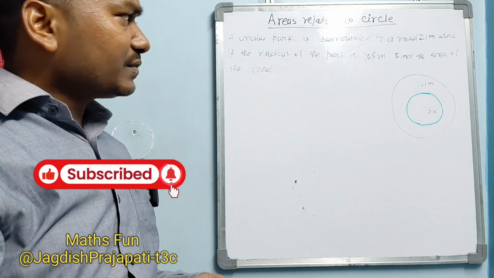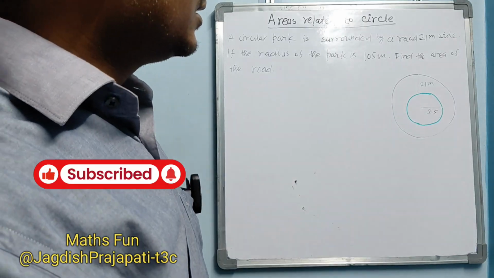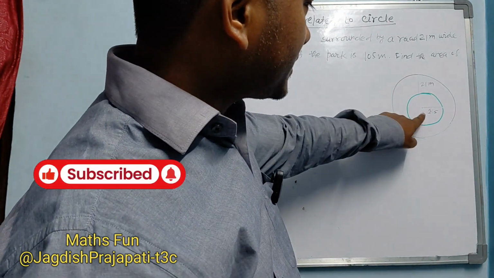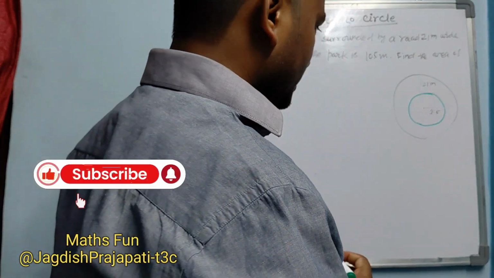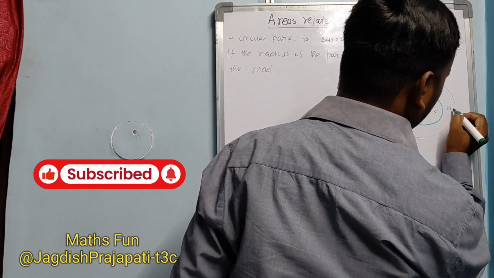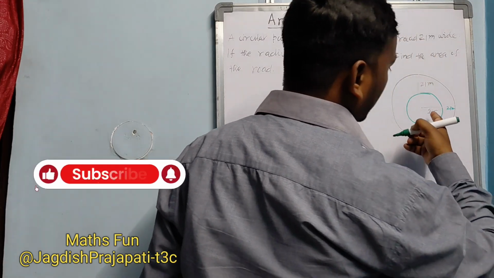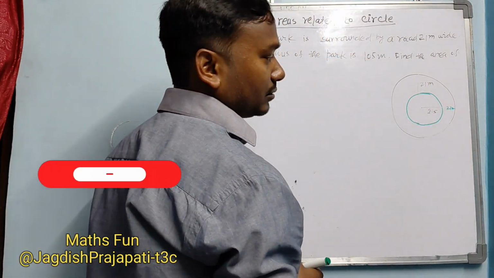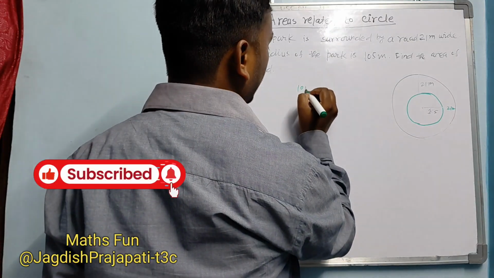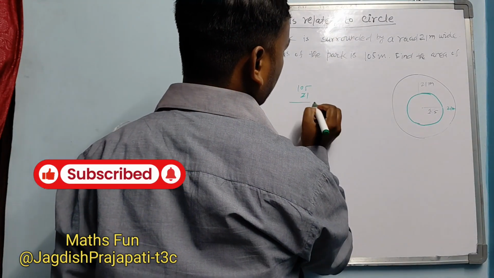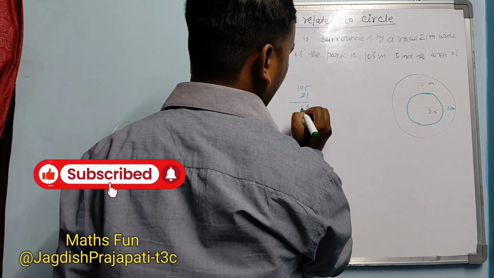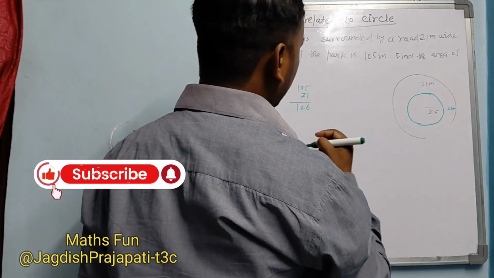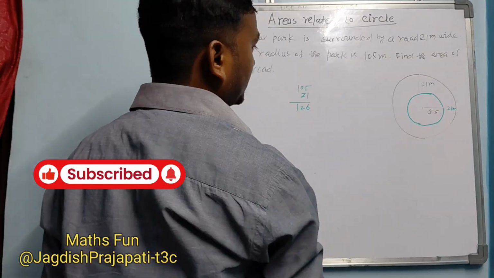We have solved many questions like this. Since the road is 21 meters wide, this distance will be 21 meters. So the outer radius will be 105 plus 21, and the inner radius is 105.